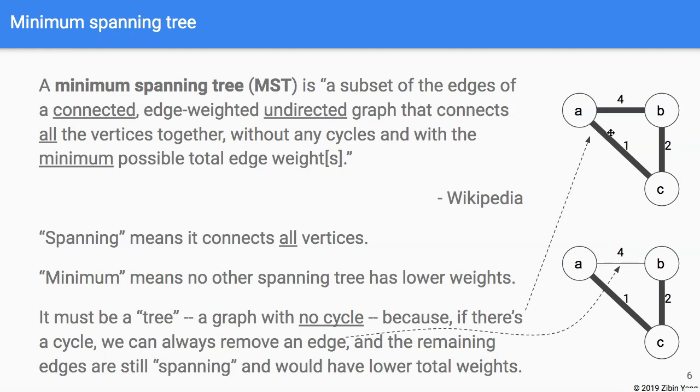And because we remove an edge, the resulting spanning tree must be smaller than the one that has cycles in it. So that's why a minimum spanning tree should never have cycles, because we can always remove an edge, break the cycle, and end up with a smaller spanning tree.